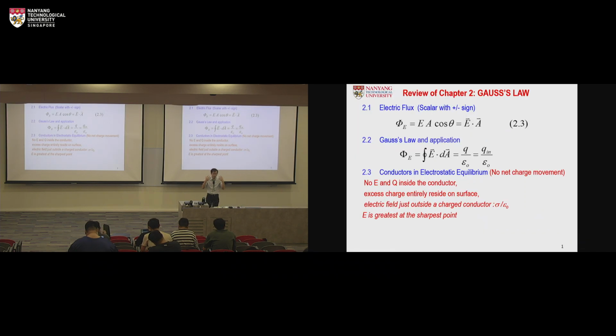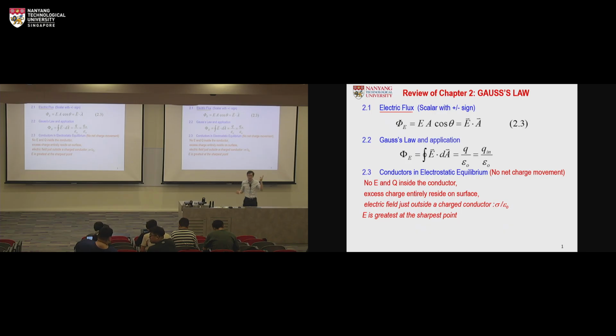And in order to establish the Gauss's law, the new concept we introduced is the so-called electrical flux. The electrical flux is just the number of electrical field lines penetrating through a given surface. So you can see there are 2 parameters.